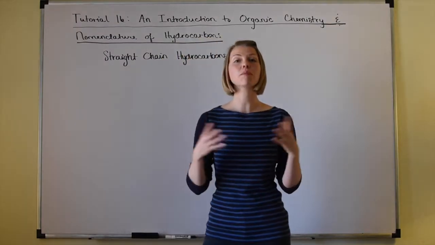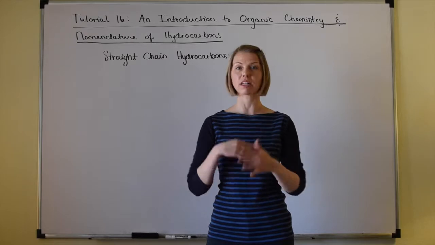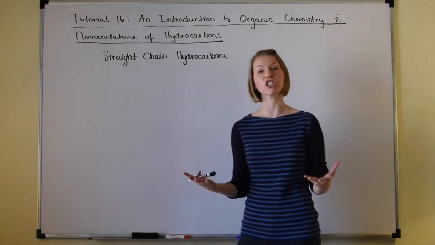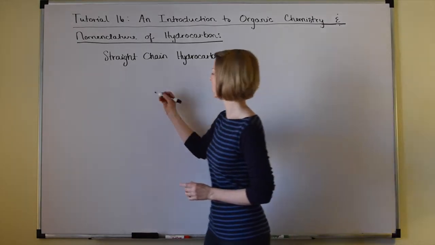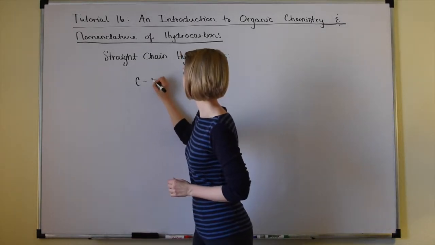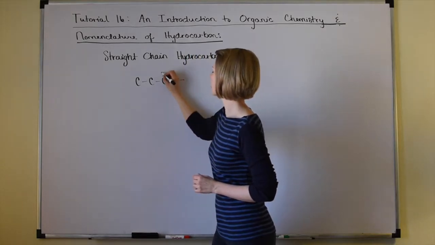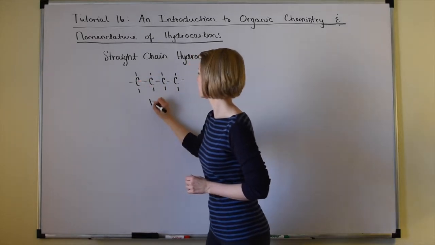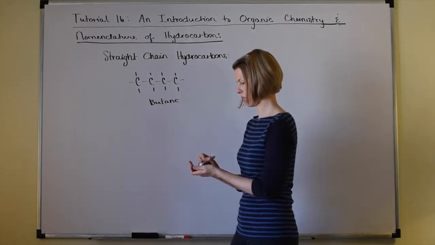So in any molecule with single bonds, you can expect those bonds to be rotating, leading to different conformations of that molecule. So let's take butane as our example. 1, 2, 3, 4 carbons, all single bonds because it's an alkane. So this is butane.